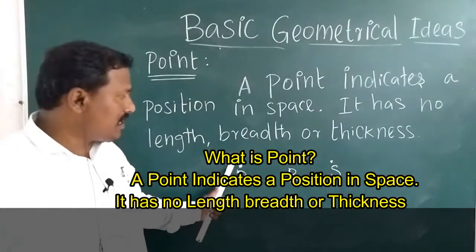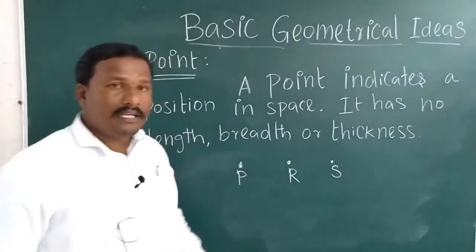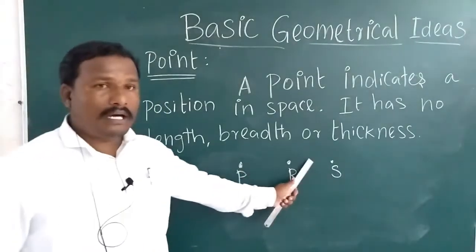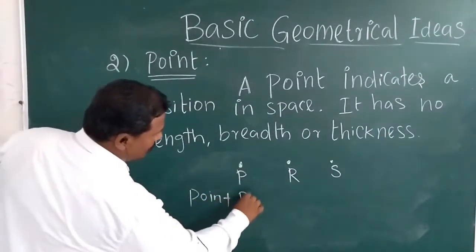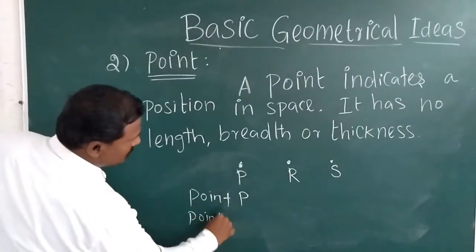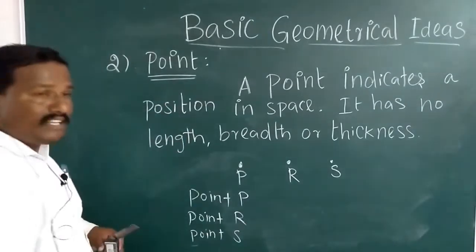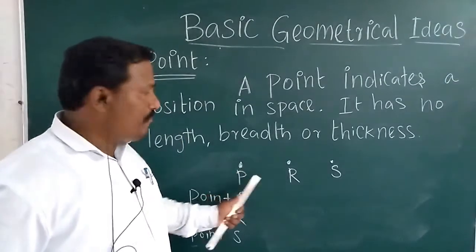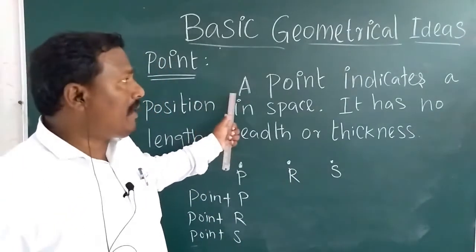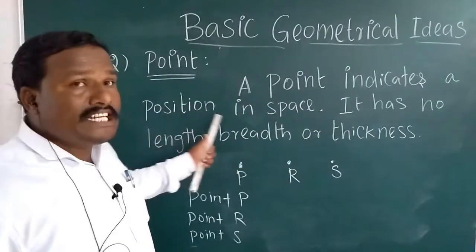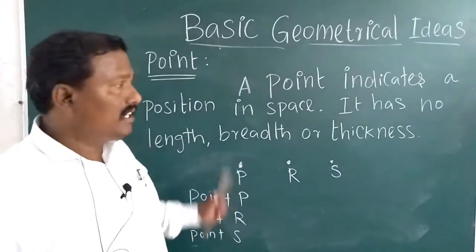Suppose if you take an example, the points P, Q, R. We can read them like this: point P, point Q, point R. It can also be point P, point R, point S. So a point indicates a position in space. It has no length, breadth or thickness. It's called point.